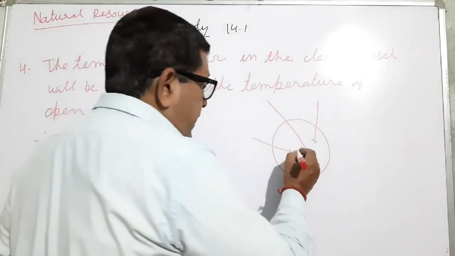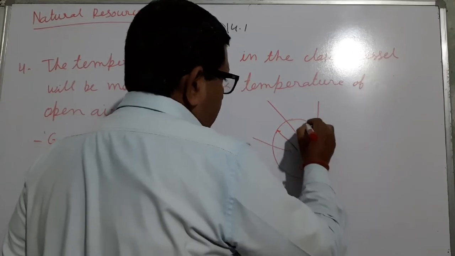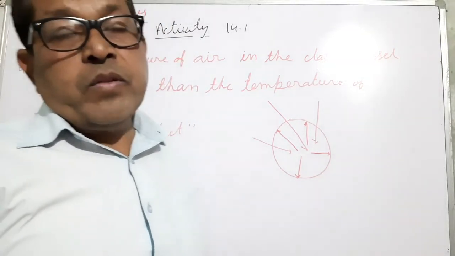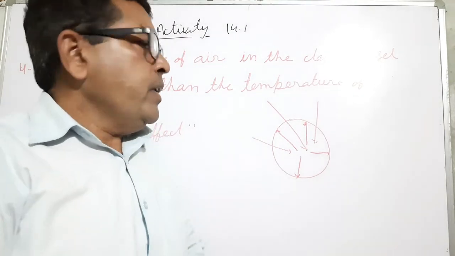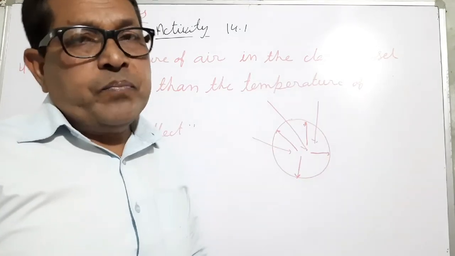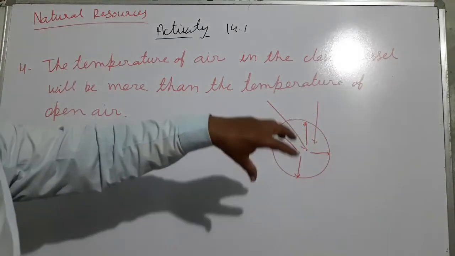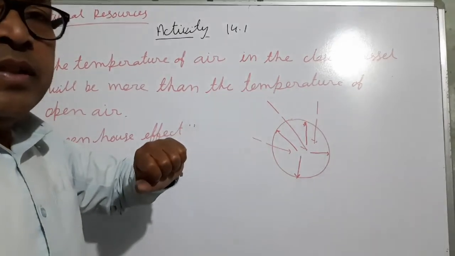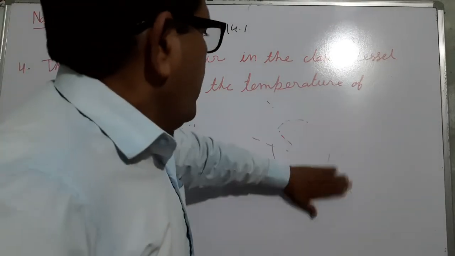When it re-radiates the heat, this radiated heat is unable to cross the wall of the vessel. That is why the temperature of the air will be more than the air outside the vessel. So this happens just like the greenhouse effect, where these glass vessels work just like the greenhouse gases.